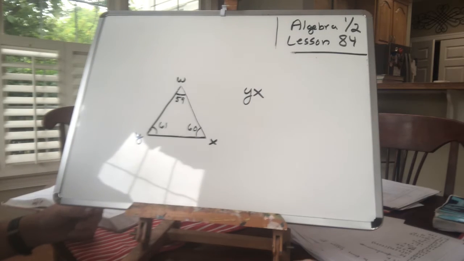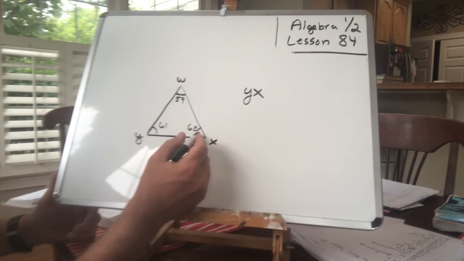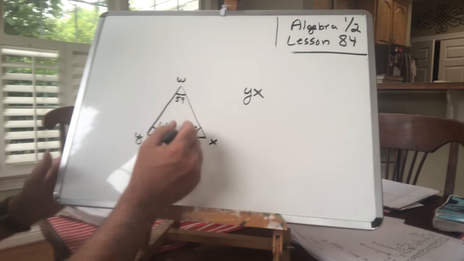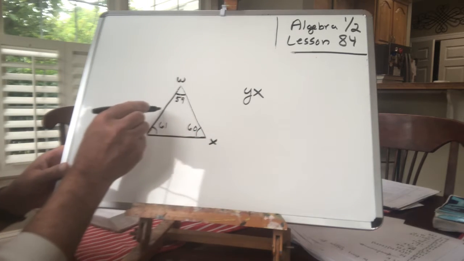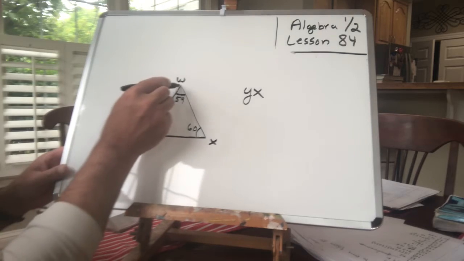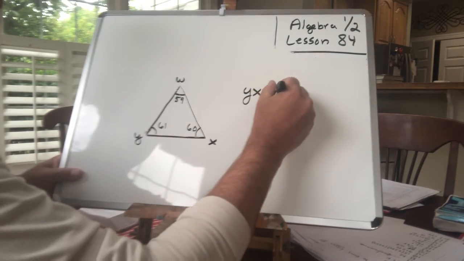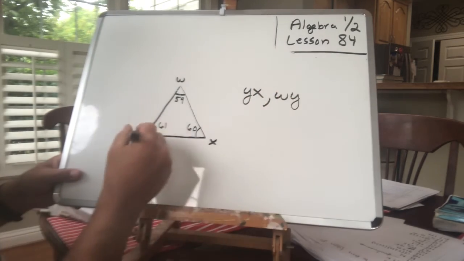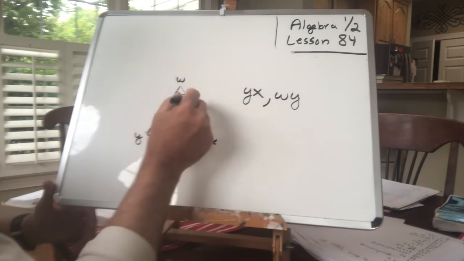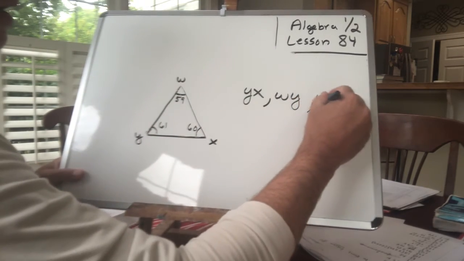The next shortest side would be the next shortest angle, which would be 60, which would be directly across from here. It would be this one right here, WY, right? And then of course the only one left is this one over here, WX.